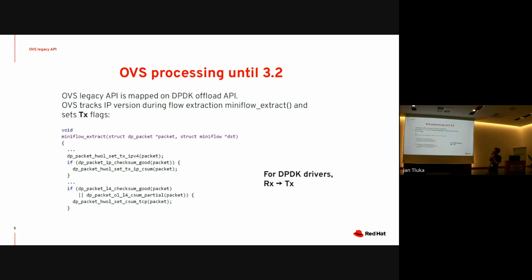So as part of it, OVS was filling those mbuf flags in the whole flow, from the reception, while processing the packet, until you send it to the driver. For DPDK drivers, it meant that since they were providing some status on the packet, there was a translation that was put in the flow extraction, and it was maintained all across the datapath.